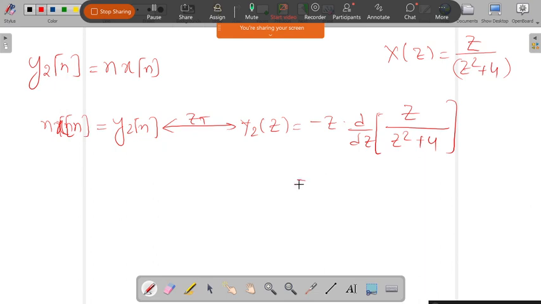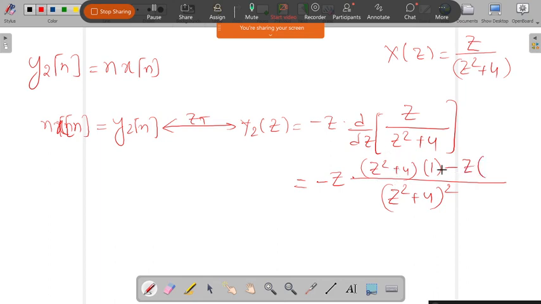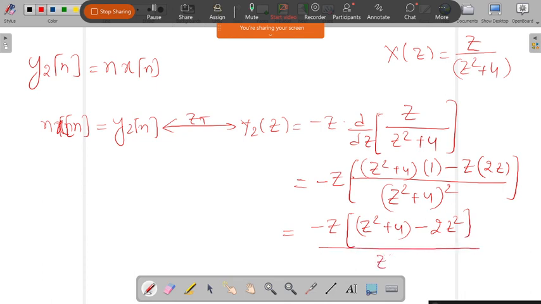Differentiating, we get z square plus 4 in the denominator into differentiation of z, which is 1, minus z into differentiation of this one, which is nothing but 2z. So this will be equal to minus z into z square plus 4 minus 2z square divided by z square plus 4 whole square.